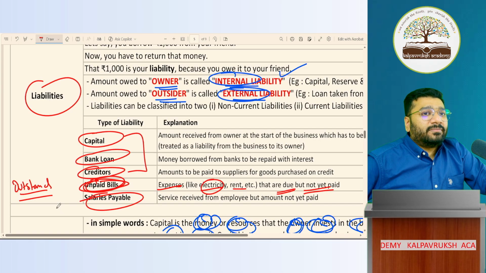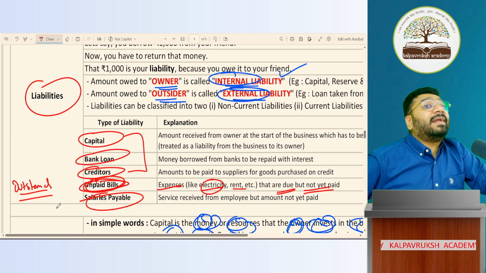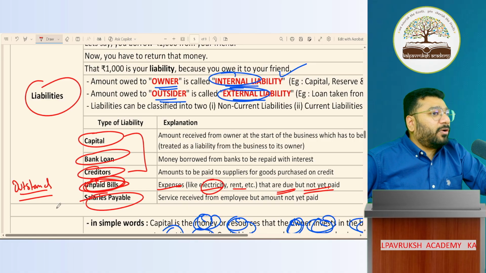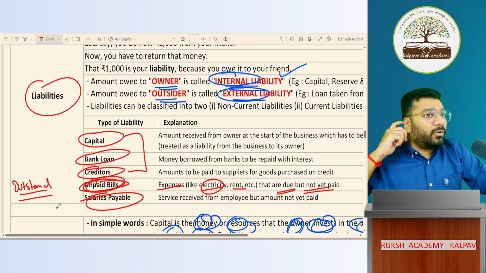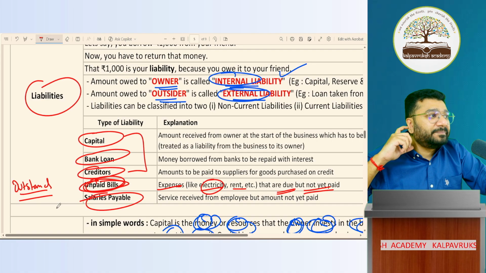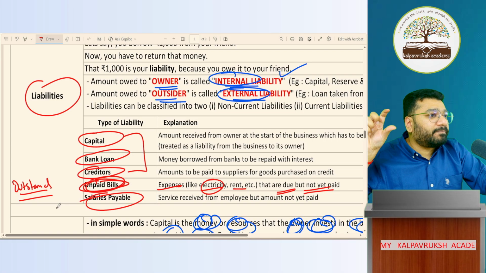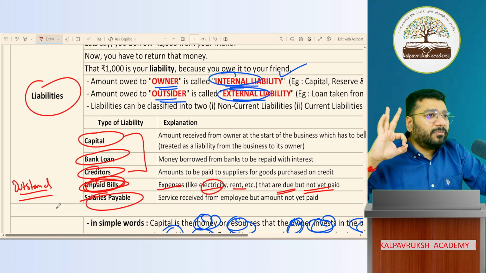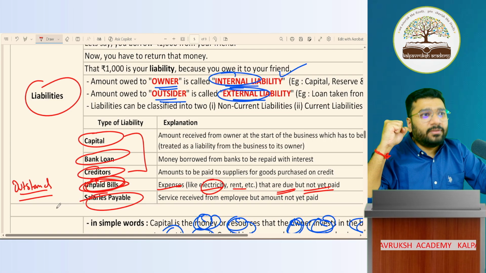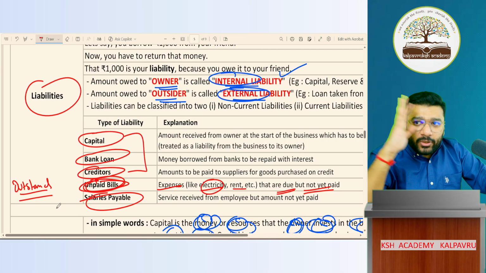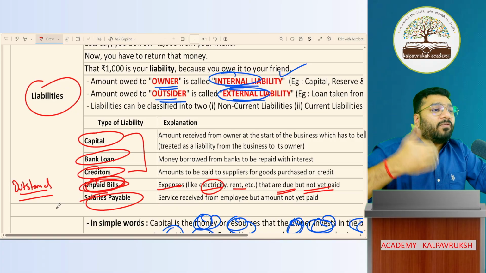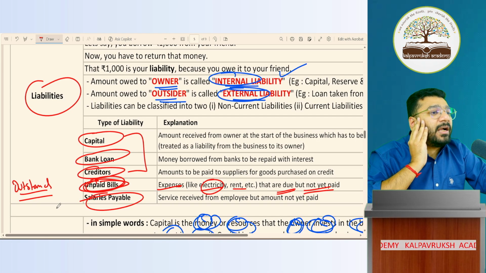At least you should not do it until you complete the final accounts. I'll tell the reason when I do final accounts, not now. Why the accounting equation should not be done in the beginning. There's one order I follow, and this order is perfect for you to get a good command over the accountancy subject. I'm just trying to give you an outline of how we are proceeding with the subject.